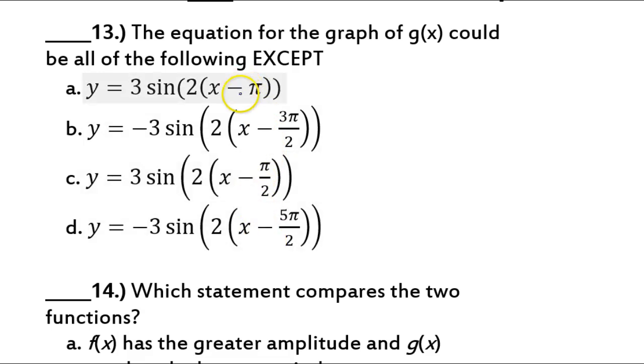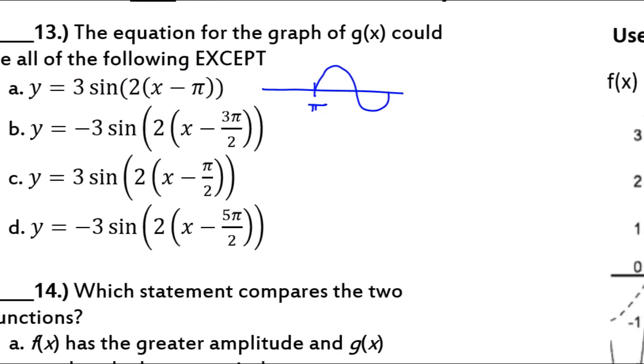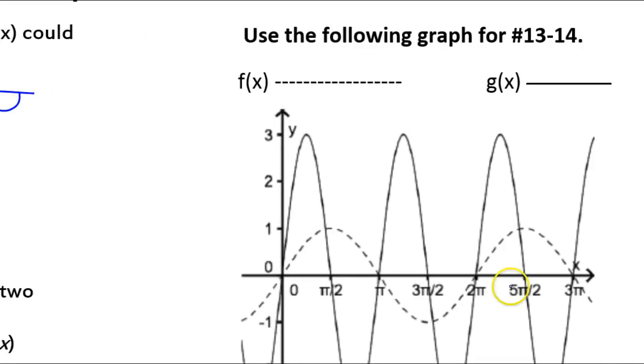So this first one is a phase shift to the right by pi, and it has a positive a value. So this would be a graph that starts at pi and goes up first because it's a positive a value. Let's see if that's what's happening.